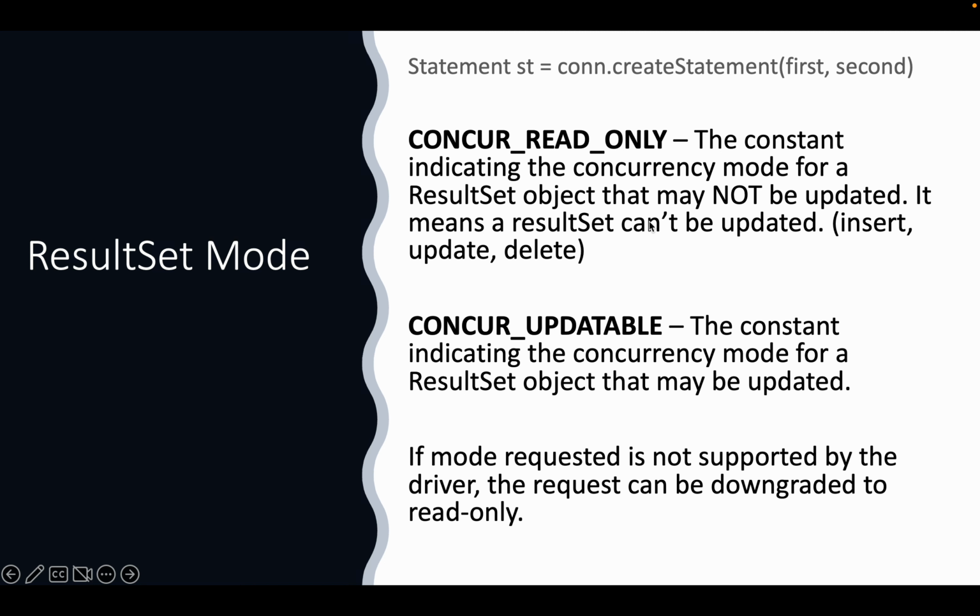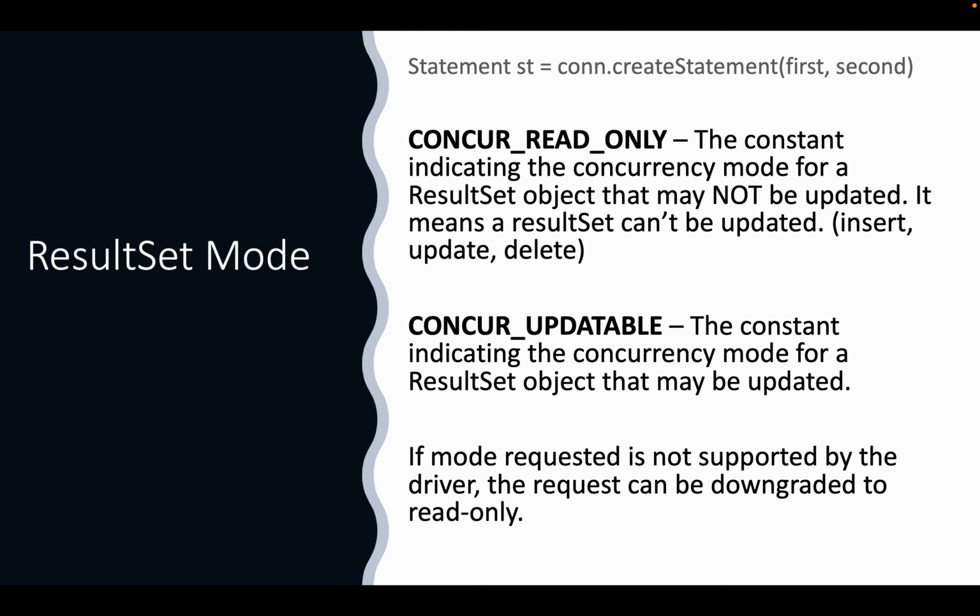It means the result set can't be updated, inserted into, or deleted from. If it's updatable, it is the constant indicating the concurrency mode for a result set object that may be updated. So with the result set, you can perform an update.